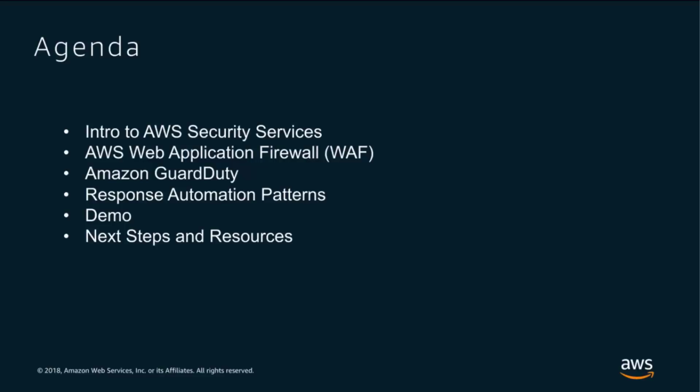He will then demonstrate a very specific example of those automation patterns, and that demonstration is based on a blog post that we recently published. So we'll point you to that blog post. After the demo, we'll come back to the presentation, and we'll provide you with some calls to action to improve the security posture in your own AWS account, and also give you links to resources that we have mentioned during the webinar.